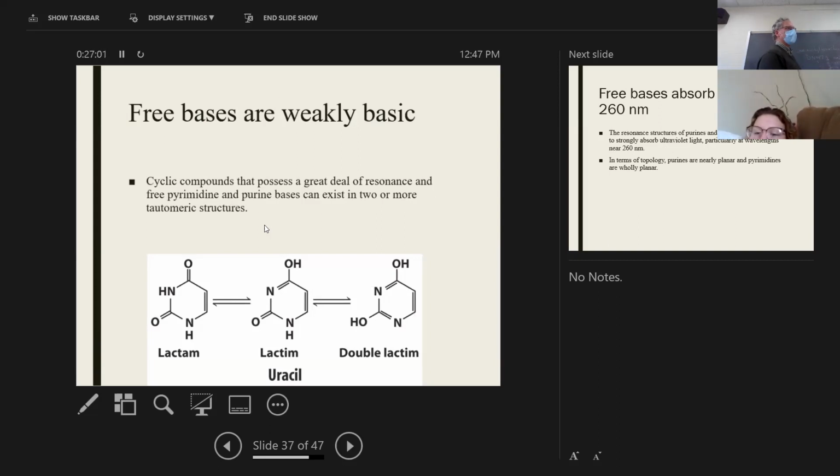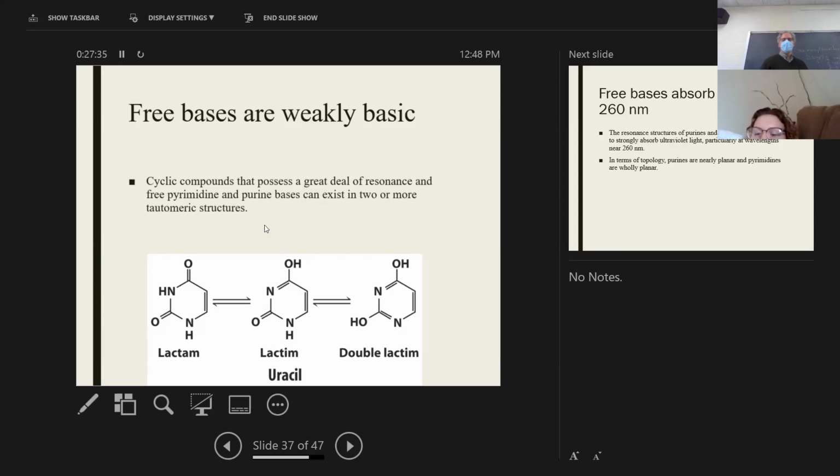So are the bases actually bases when they're free? The answer is yes. They are not strong bases, but they are bases. They're subject to tautomerization, where they go from the lactim to the lactam to the double lactam. Once you stick them in a polynucleic acid, this type of resonance decreases.